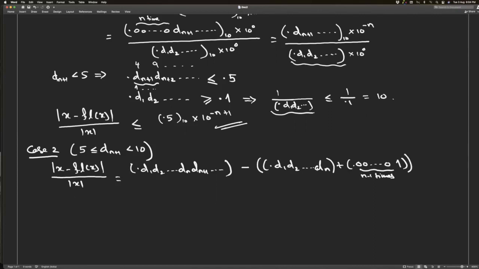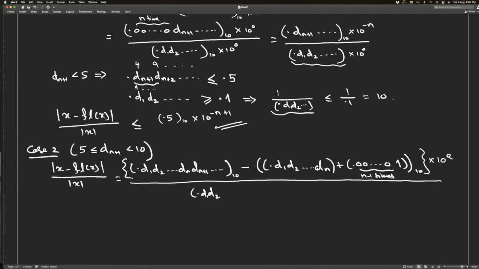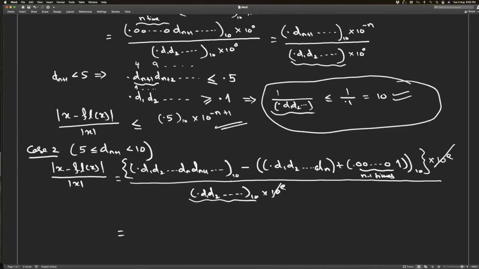Then you have 1, right? All these are base 10, and everything together I will write as into 10 to the power of e divided by 0.d1 d2 and so on into 10 to the power of e, and as usual we will cancel 10 to the power of e, and of course this also I can write as less than or equal to 10, the same idea as we did here, right? So I will write directly here less than or equal to.